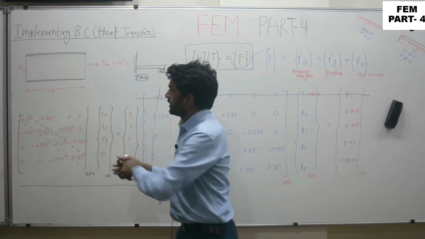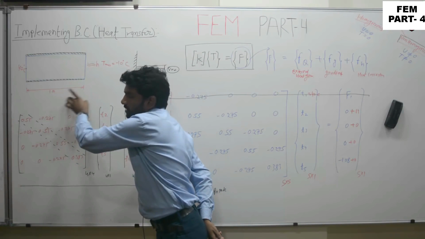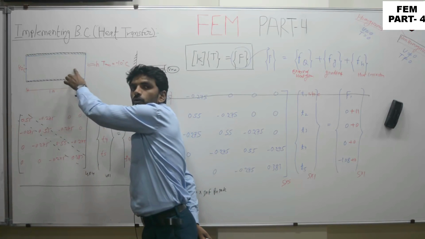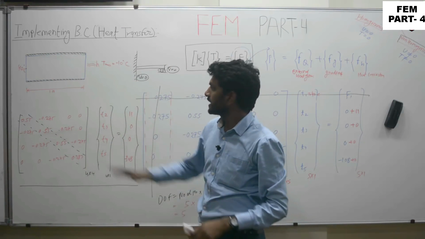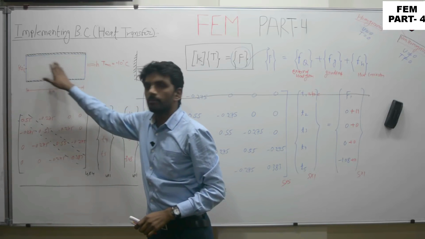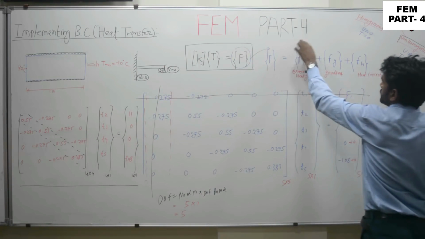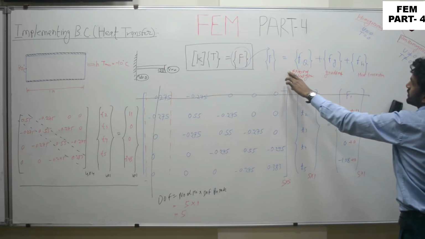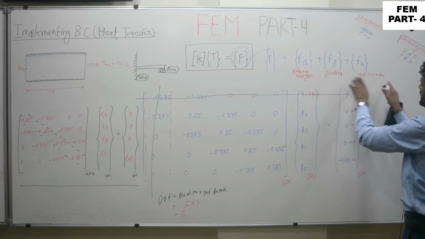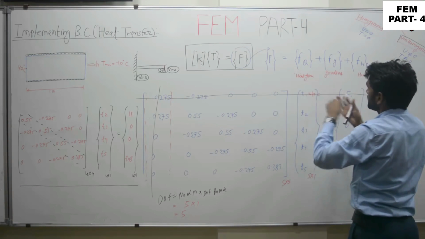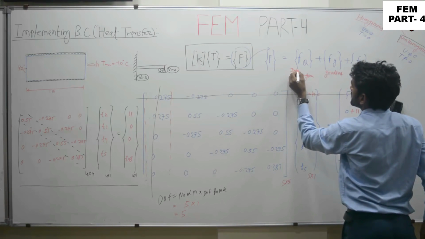Then we numbered those elements, found the conductance matrix for elements 1, 2, 3, 4, then assembled those matrices, found the field variable at every node, then found the F vector, sharing of internal heat generation, gradient and heat conductance. I'm really sorry, I said external heat generation, but it should be internal heat generation.